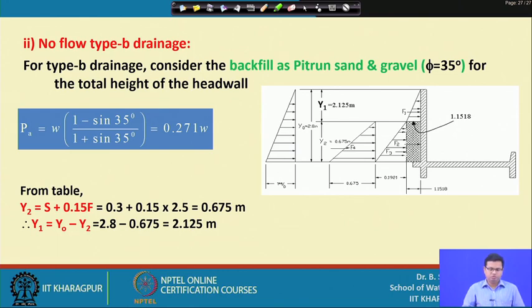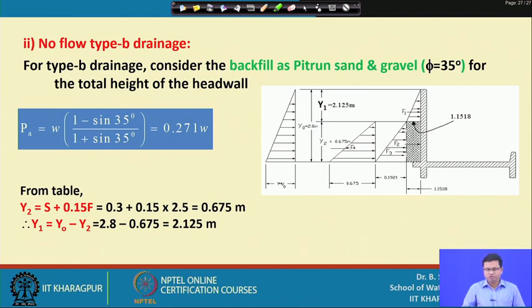So, here y 2 equal to 0.675 meter and y 1 will be equal to y naught minus y 2. So, that equal to 2.125 meter, and here you can see there are similar forces acting because it is a no flow type: F 1, F 2, F 3, F 4, and the equivalent fluid pressure are shown in the diagram.